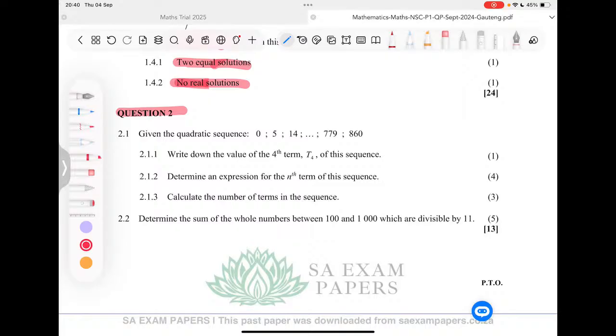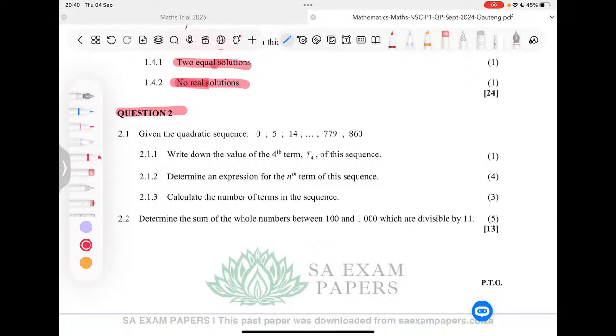Then the last question would be around a combination of a geometric sequence and series. Sometimes they can mix all these sequences because they are interrelated, so you must be flexible in terms of solving them.